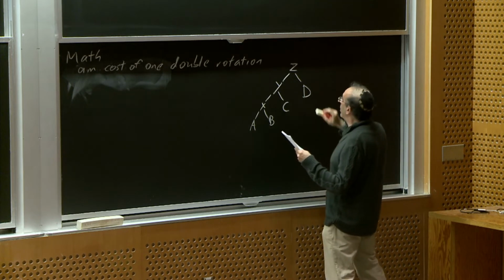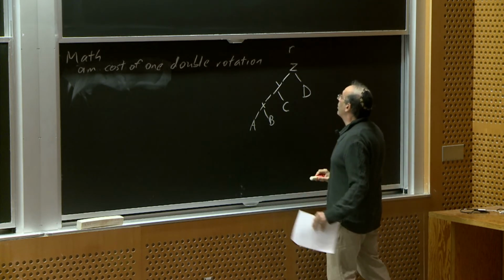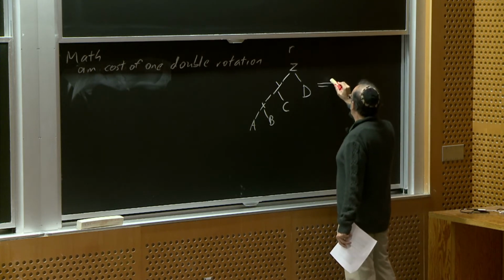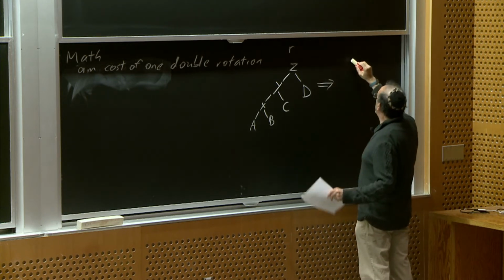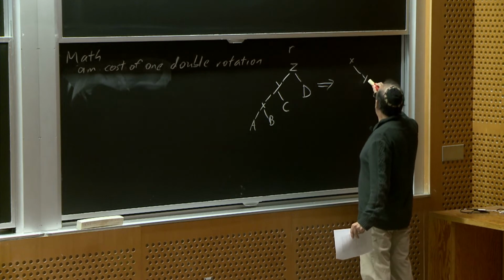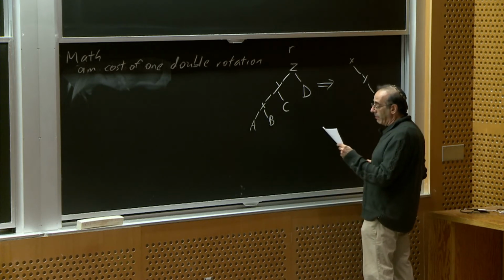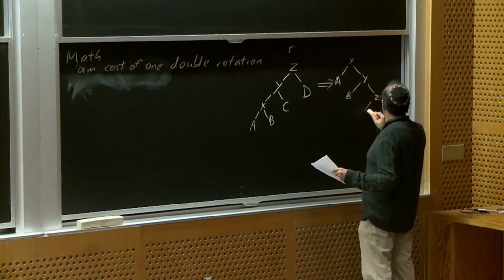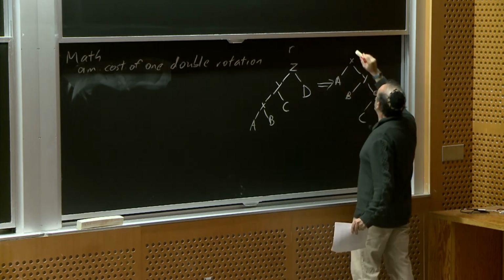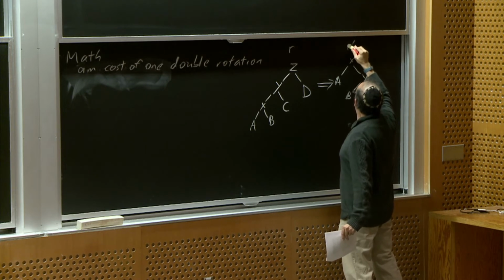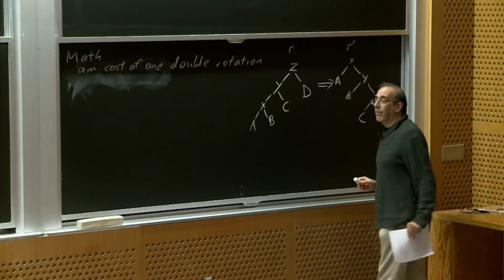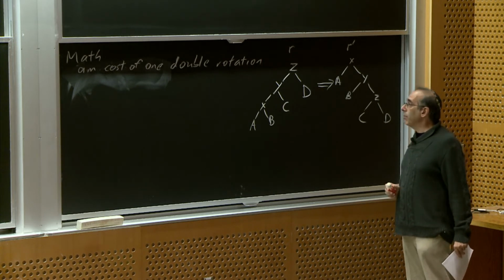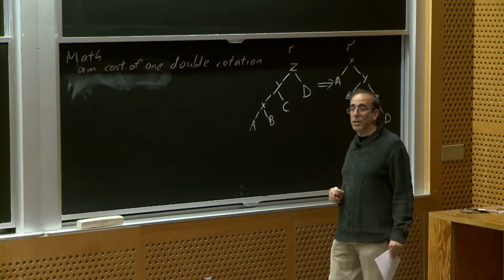Okay, so we start here with certain ranks of the various nodes, and we perform this double rotation, which brings x up as a replacement for z. We have other subtrees. And I will call these the prime ranks, the ranks after the double rotation. Okay? Now, which of these primed ranks are different?